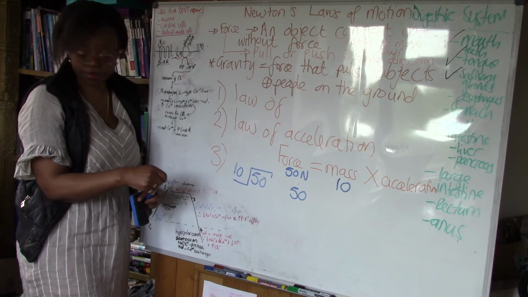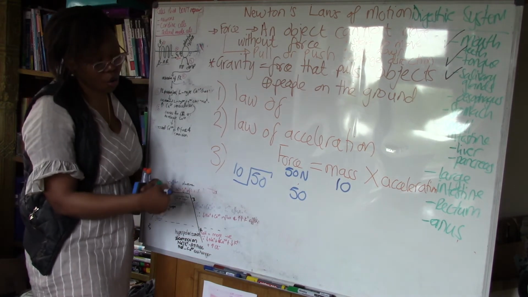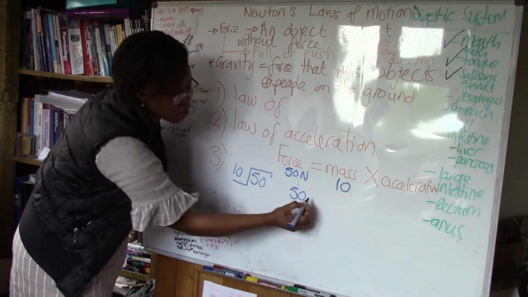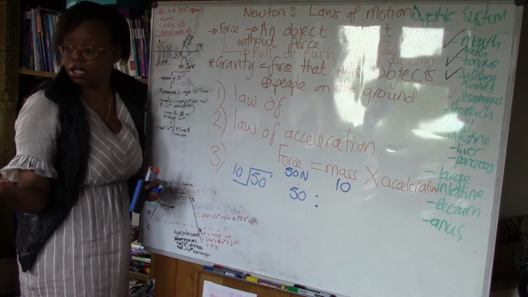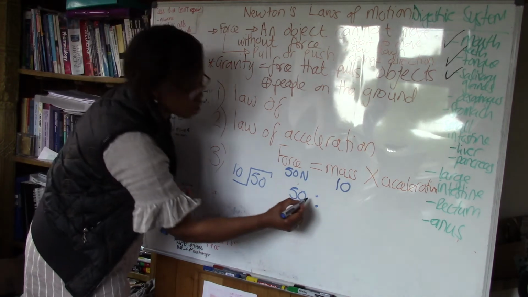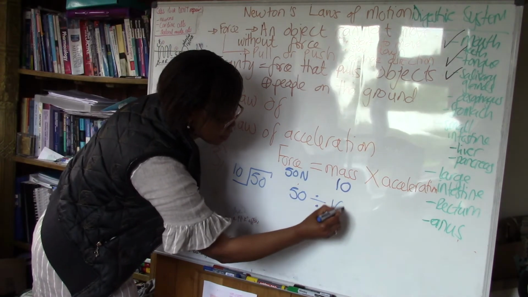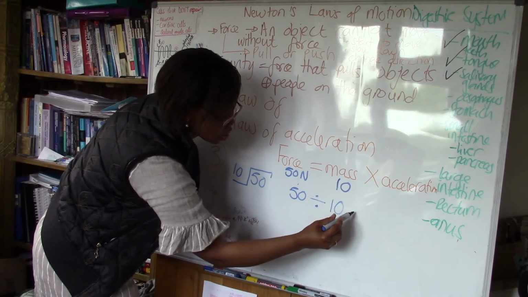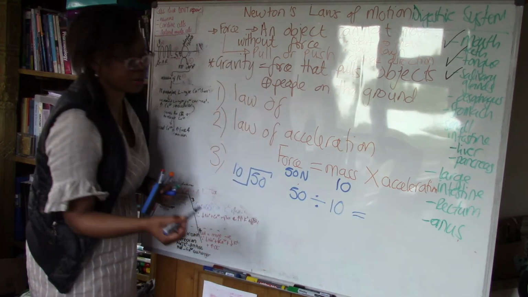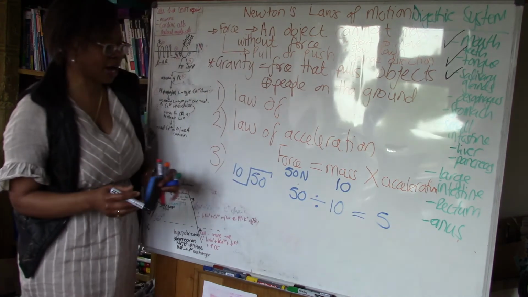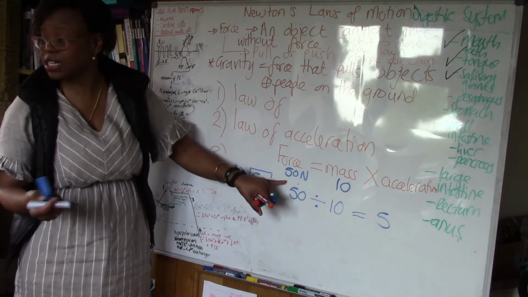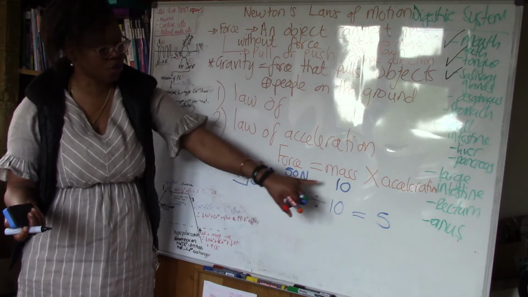Or, like you were saying, 50 divided by 10 equals 5. So you see what we've done, because we already knew what force was.